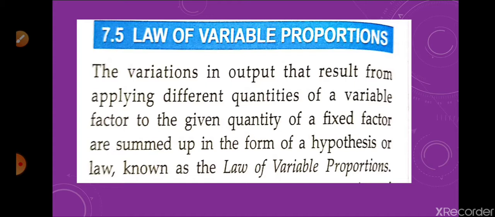In simple words, we keep the fixed factor, like machines, fixed, and we increase the variable factor one by one. Whatever the change in output, that is defined by the law of variable proportion.